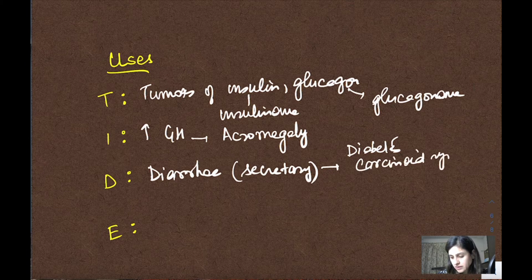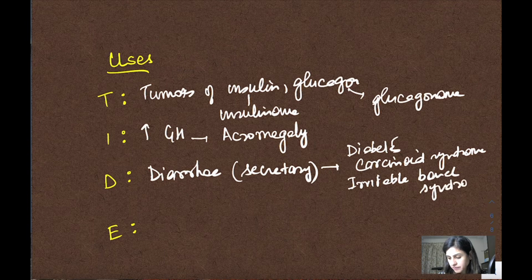Okay? It can be a tumor of the enterochromaffin cells, where increased secretions occur and secretory diarrheas result, so there also we can use it. Then even sometimes in irritable bowel syndrome, it can be used in these conditions also.